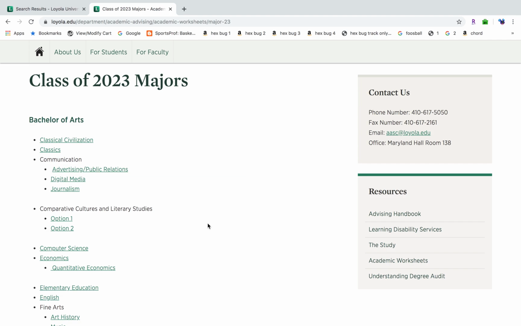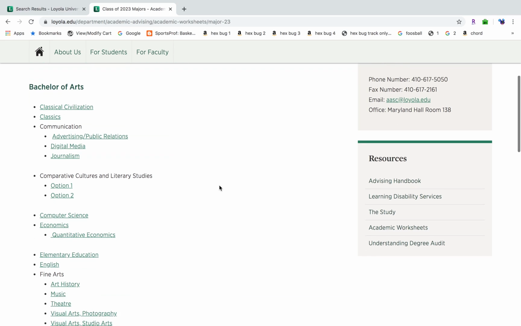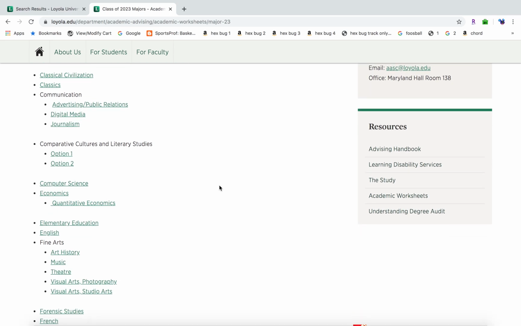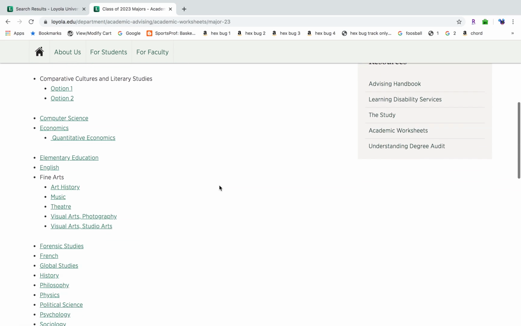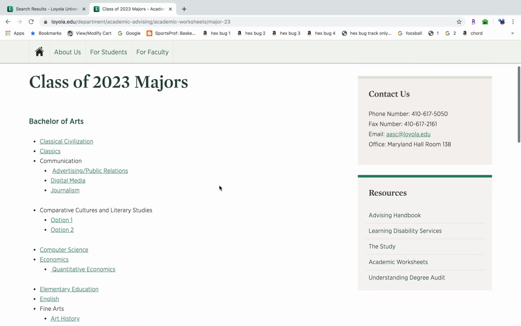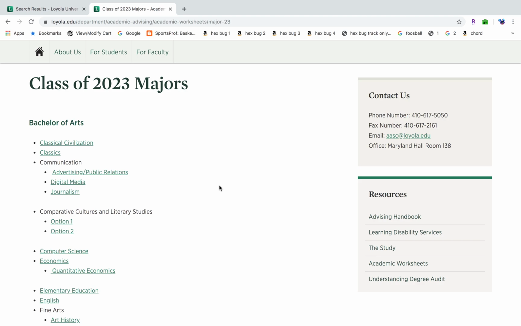So the core is wide open, and there's lots of different majors in the humanities, especially, and to a lesser extent, education, fine arts, the language majors that don't tell you what to take specifically for some of the cores.